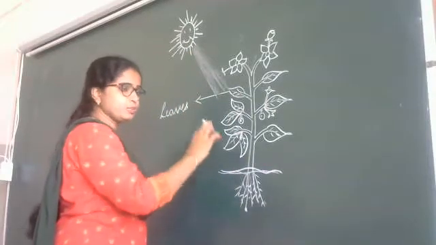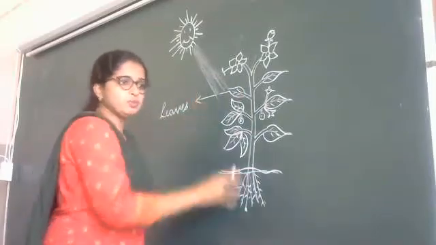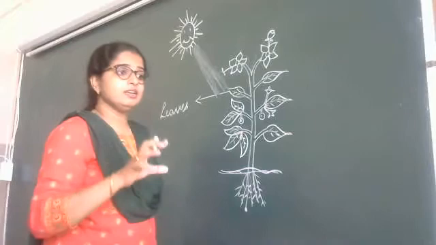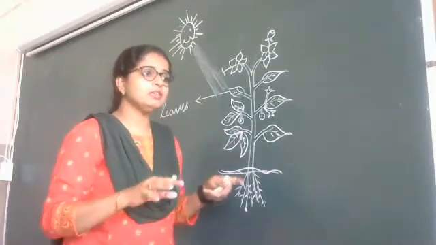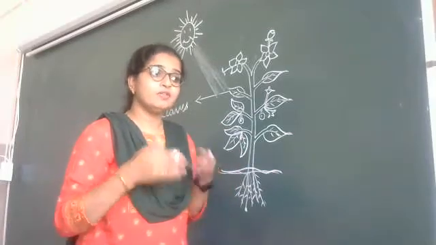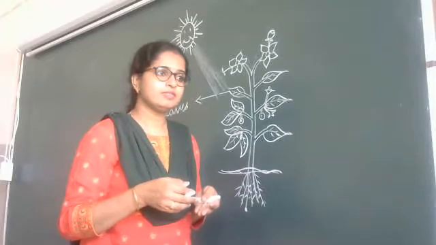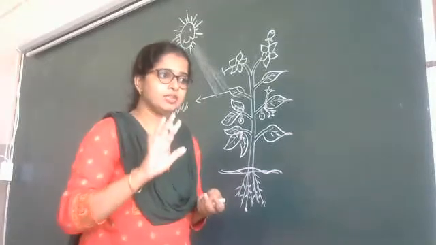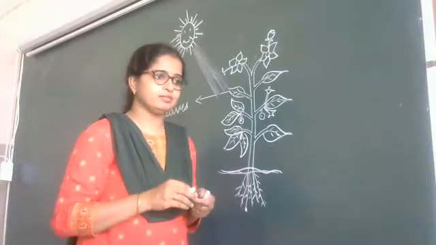And this process where the leaves prepare food for the whole plant has a name, just as we cook. Yes, we prepare food in the kitchen, and that entire process where we prepare food is called cooking.